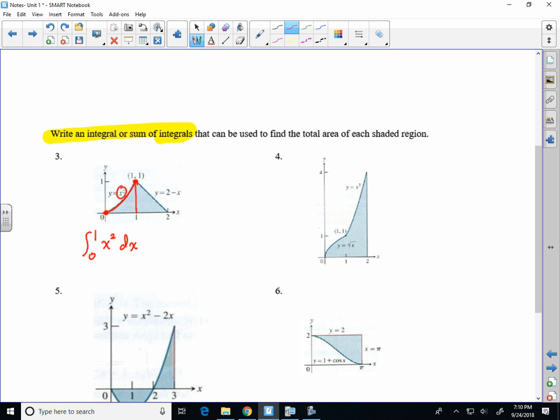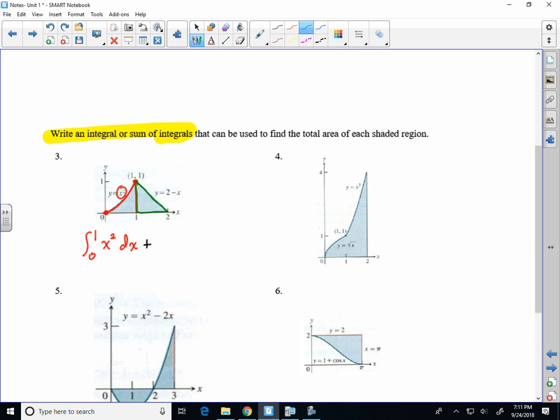And it's almost triangular. If you handed this question to a middle school student and said, what's the area? They would do half the base times the height for each part and not even think about it for another second. Okay? The other part, you could actually do half the base times the height because it is triangular. But it said write an integral or sum of integrals.